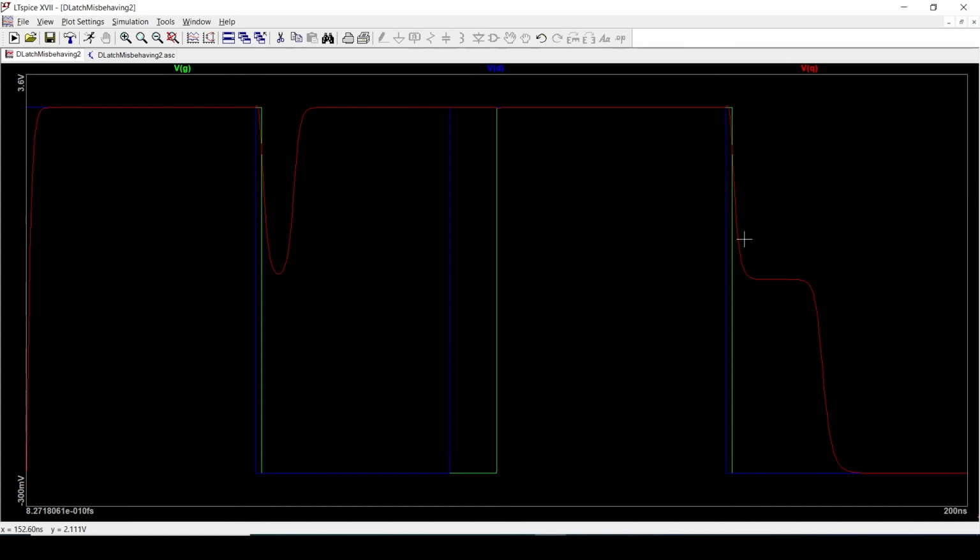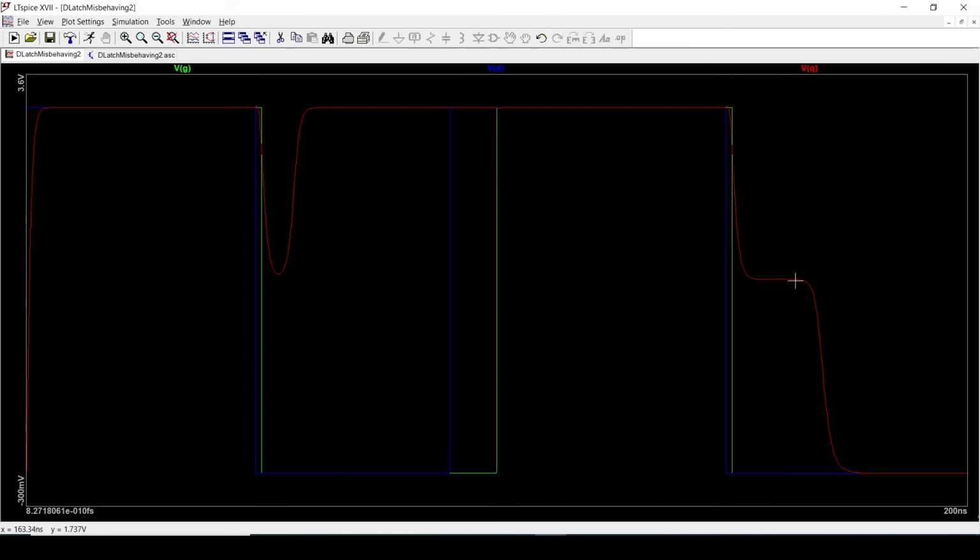Over here though, after many attempts at choosing just the right duration between when the data drops to 0 and when the gate drops to 0, we can achieve the effect that once the gate drops to 0, the amount of discharge has brought us almost exactly to the halfway point. And if we're at the halfway point, then, if you like, the double inverters don't know whether to go up or go down.